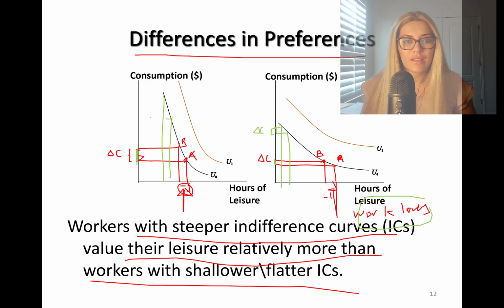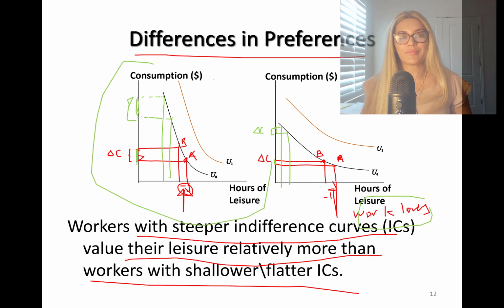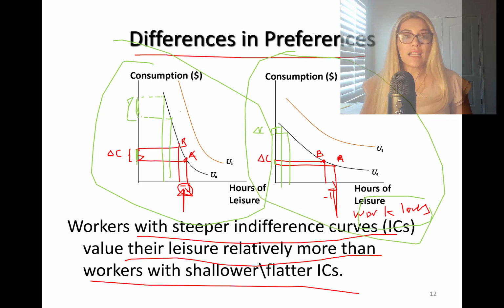So you want me to cut down my leisure by 1 unit, you gotta pay me a lot. Look at this much. So this is different. These are a little bit, I don't want to say it, but lazier people. These are more workaholic people, people who enjoy work. These people, it takes a lot to put them to work.